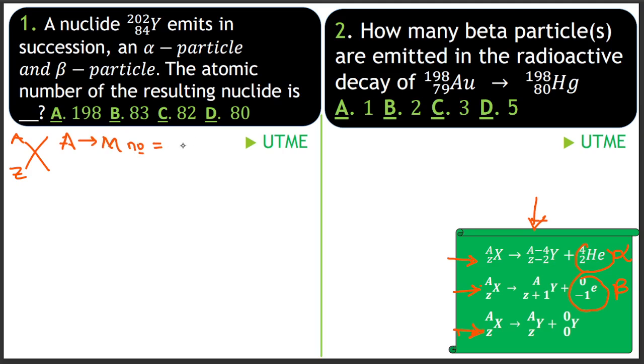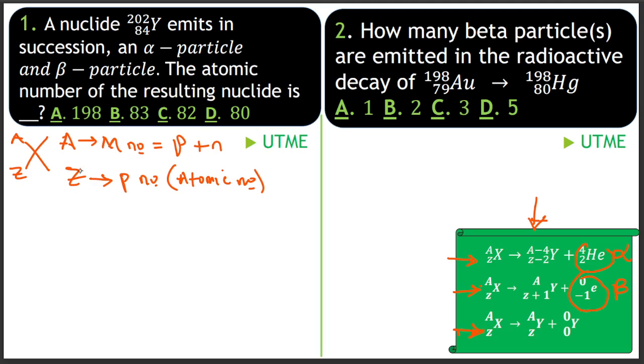And we know that mass number is proton number plus neutron number. Hope you've not forgotten that. And Z, I like to cross my Z so it doesn't look like 2. Is that okay? So Z represents the proton number, which is also called atomic number. So proton number is the same as atomic number. Is that okay? All right.